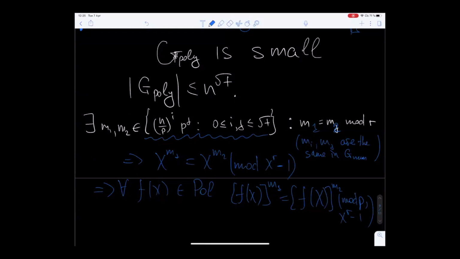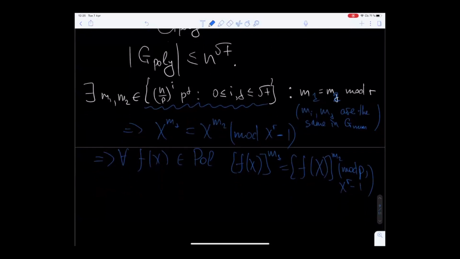Just because, well, again, a very similar calculation: f of x to the m1 is equal to f of x to the m1. Here we use that the m's are coming from this group G num, which is good with respect to this poly set.